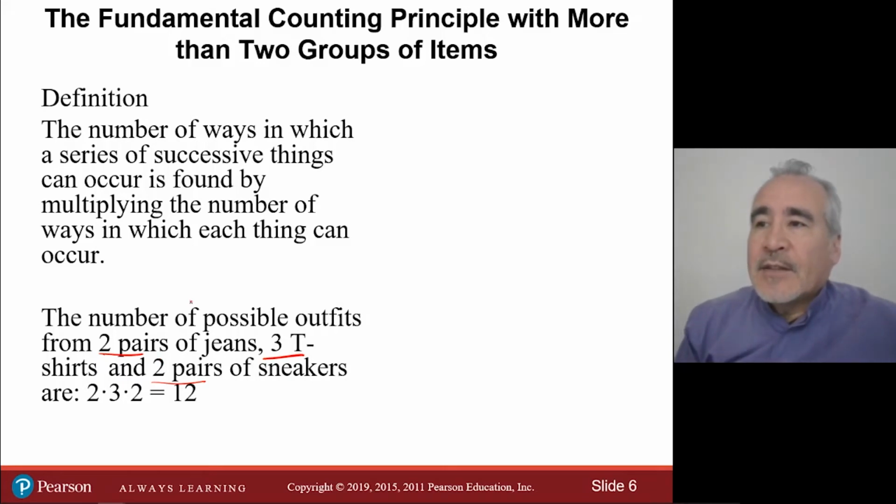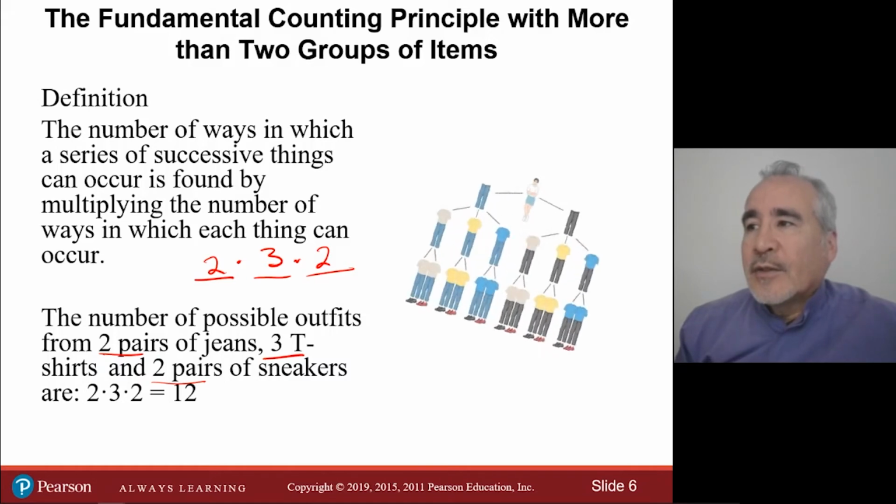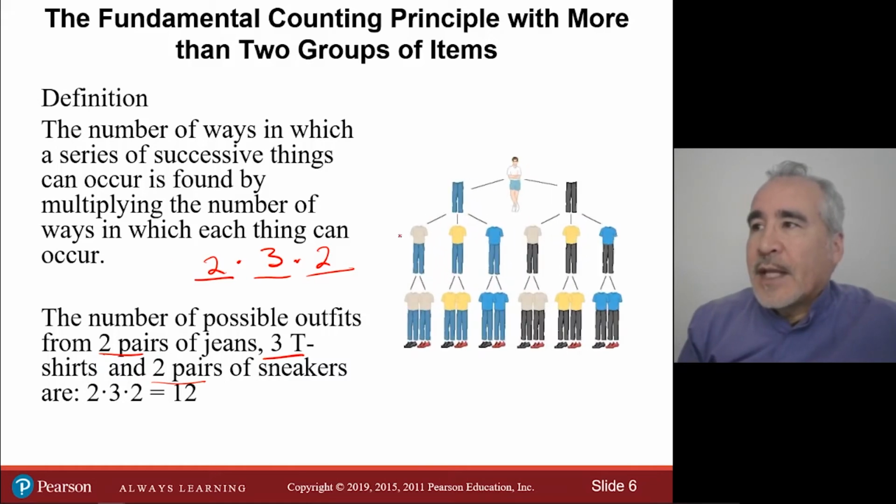And again, that is it. You've got 3 different choices, and all you have to do is fill it in. I've got 2 to choose from at the beginning, 3 more choices to make, and then 2 more choices to make. So when you multiply all this out, it gives you the total possibilities. And again, here's a diagram: 2 choices, and depending upon which one you make, you get 3 choices each.